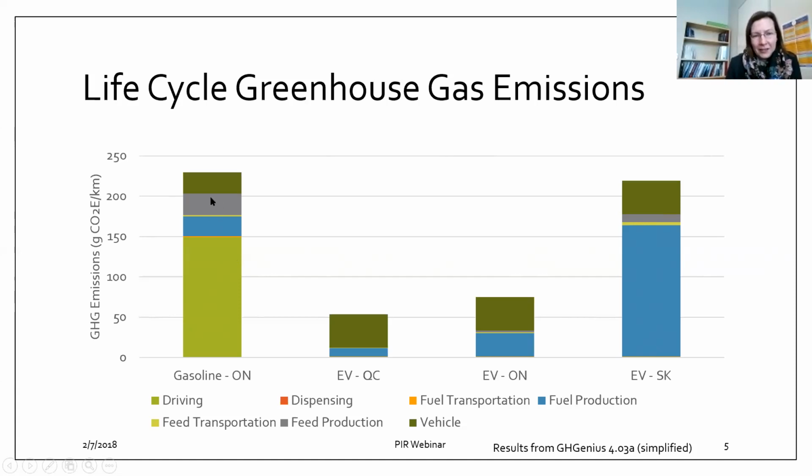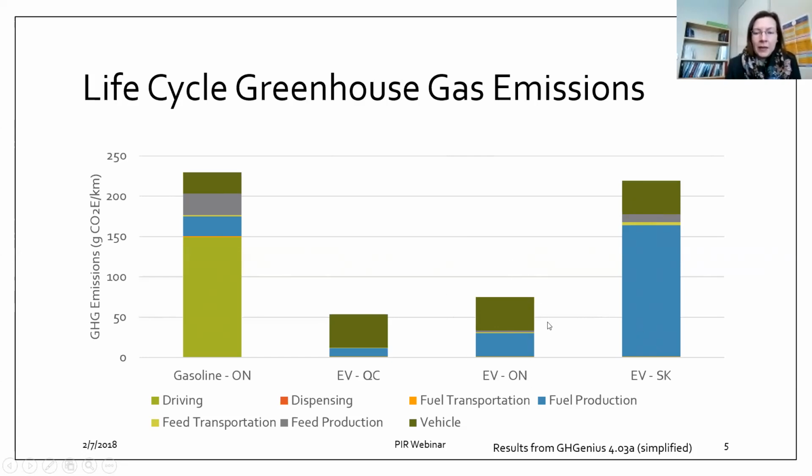This gray color is the oil production, getting the oil out of the ground. And then there's this chunk on top where we actually have to make the vehicle, right? There's a lot of energy and emissions associated with that as well. If we look at our electric vehicles, in all of these cases, we are doing better than if we were burning gasoline, but it varies a lot by province, right?